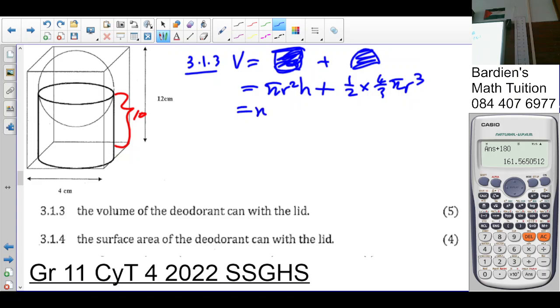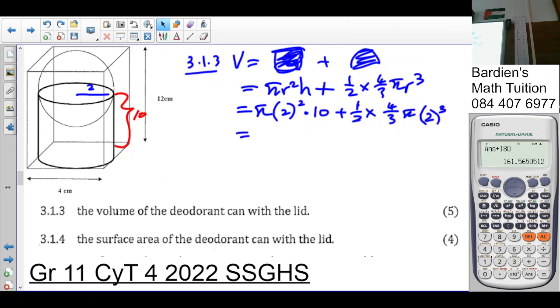So we go pi times r. Now the radius we already indicated is going to be 2 squared times your height, which is 10, plus a half times 4 over 3 pi times r, which is 2 cubed. Okay?